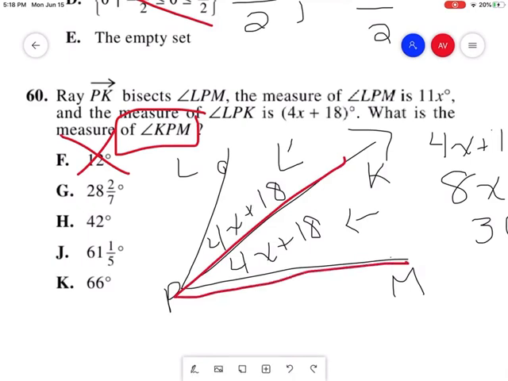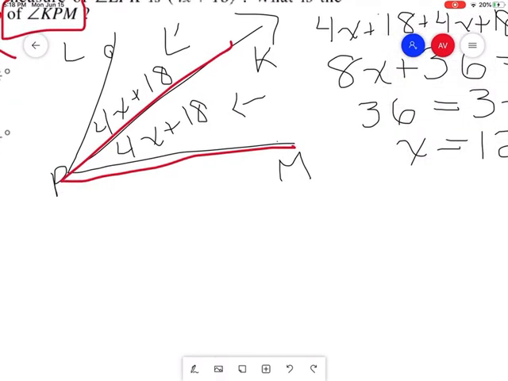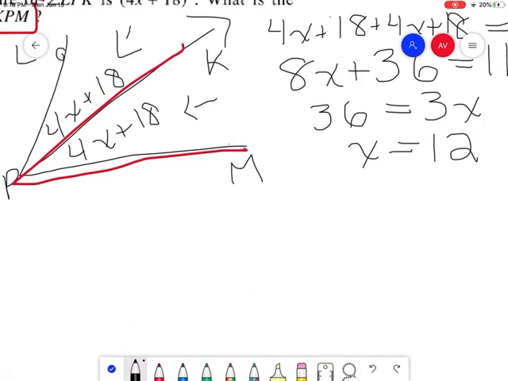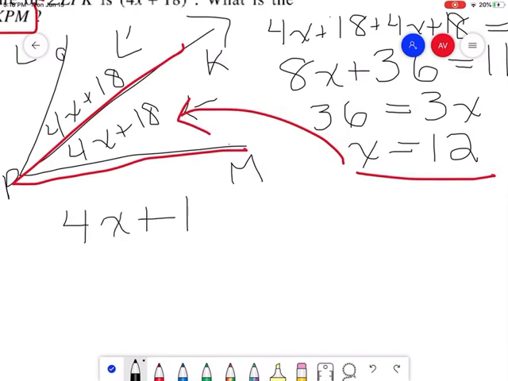And so to figure out what that angle actually is, to get a value for that, we're going to take our x value that we got right here, and we're going to plug it in to this expression. So we're going to have 4x plus 18, which is 4 times 12 plus 18.